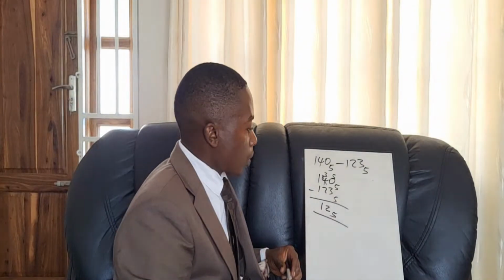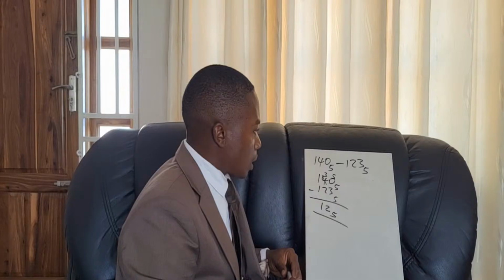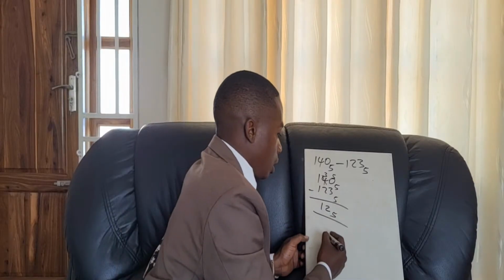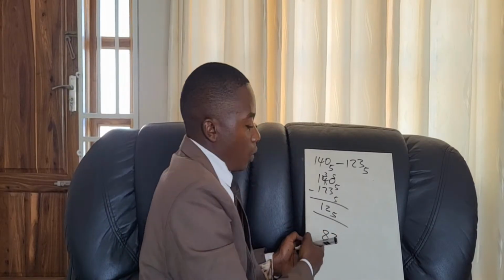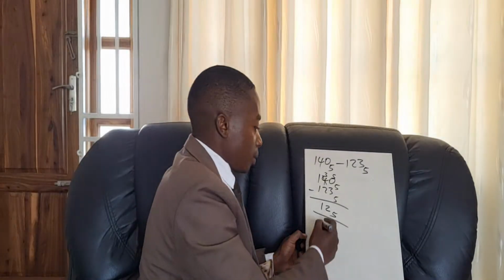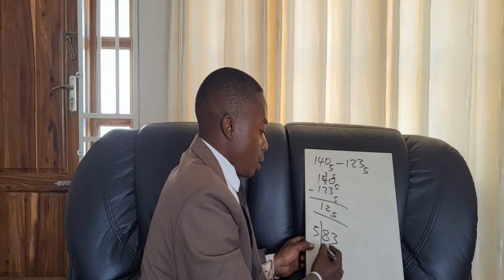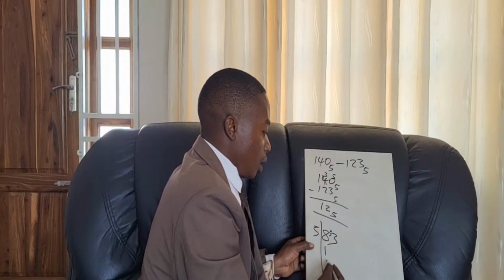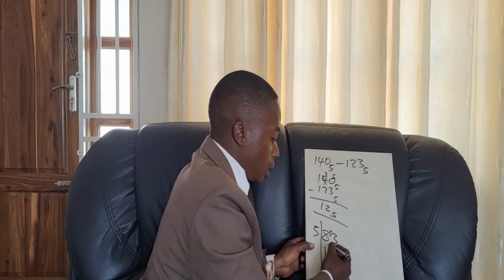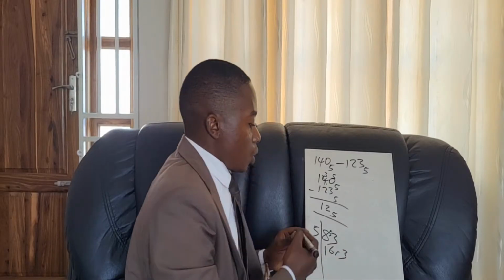And what was our answer? 83. Let's try to convert 83 to base 5. 5 into 83, how many times? 16 remainder 3. 5 into 16 is 3 remainder 1.